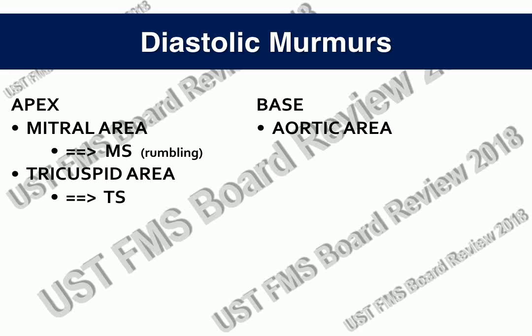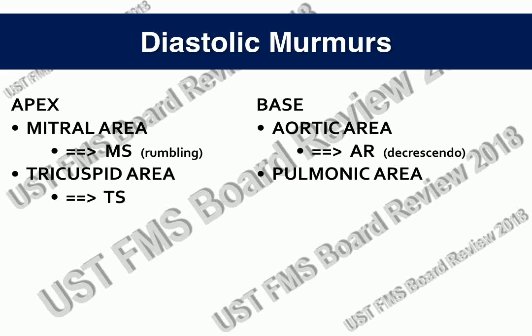Yes, it should be closed, but because you hear a murmur, then this corresponds to a leak, and this reflects aortic regurgitation. AR typically presents with a decrescendo diastolic murmur. Same thing in the pulmonic area. You hear a diastolic murmur, and that reflects pulmonic regurgitation.